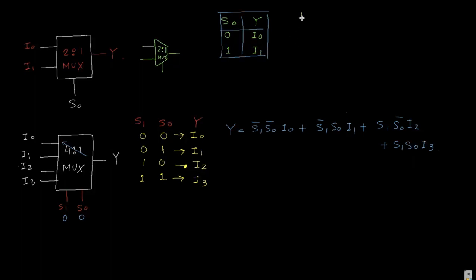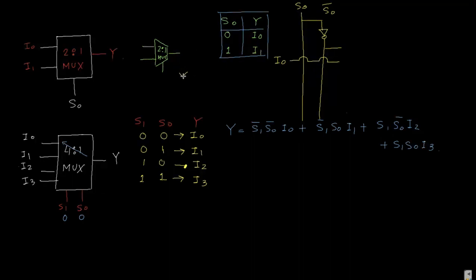So you draw S0, and from here we can note it like this, that is the S0 bar. And this is your I0, so when I0 is connected, what is the output of this?